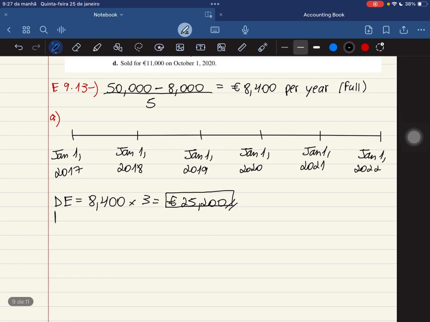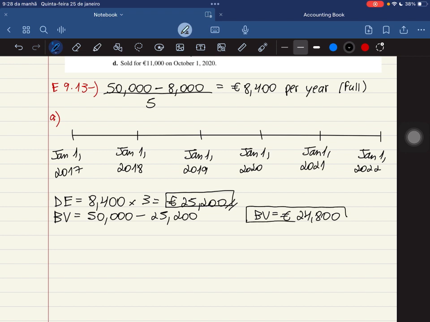But we also need to know the book value, right? The book value is just the cost minus the depreciation up to this point. So it is 50,000 minus 25,200. The book value is 24,800. What does that tell us? That tells us that if I sold this machine for more than 24,800, I have a gain.